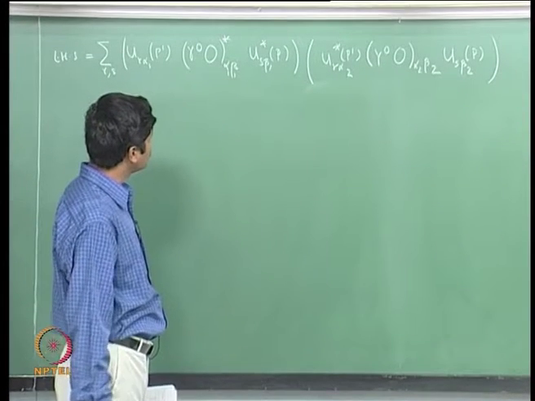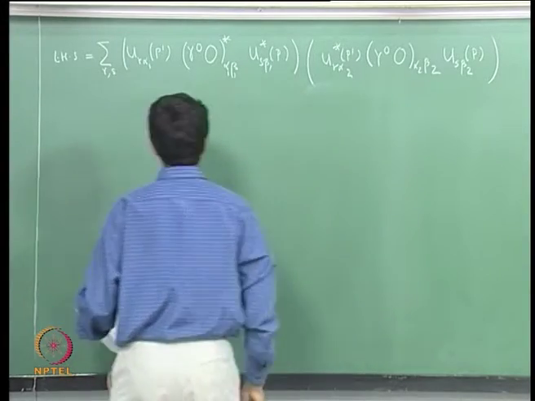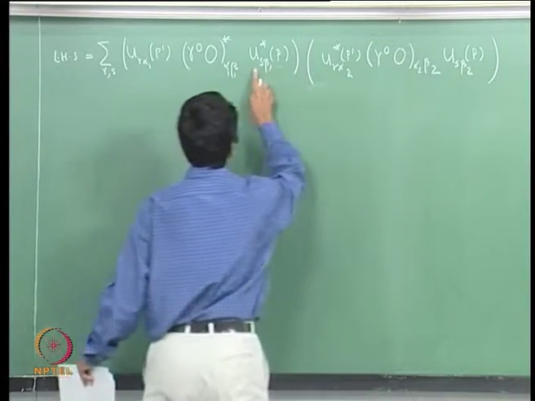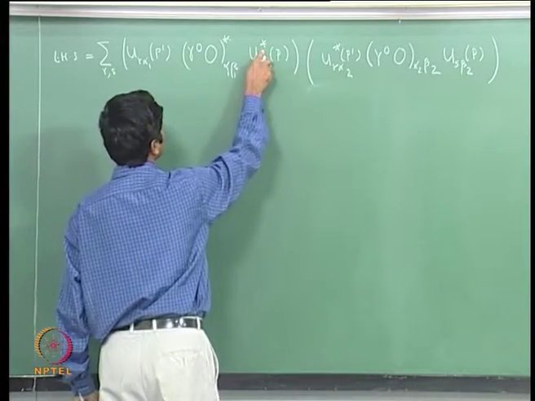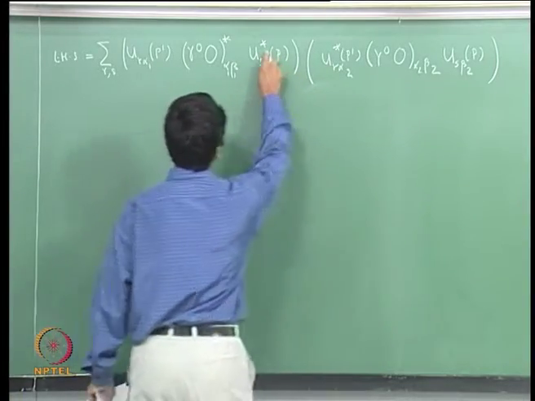You can see here, for example, I can write u s beta 2 of p and u s beta 1 of p star, but I need to write it in terms of u bar.